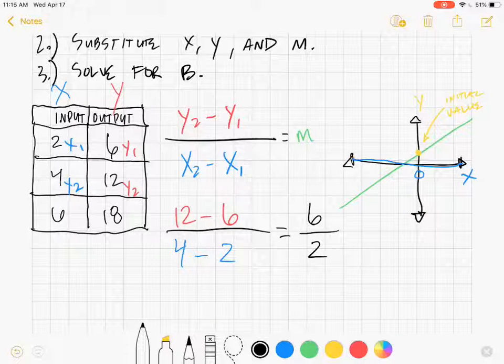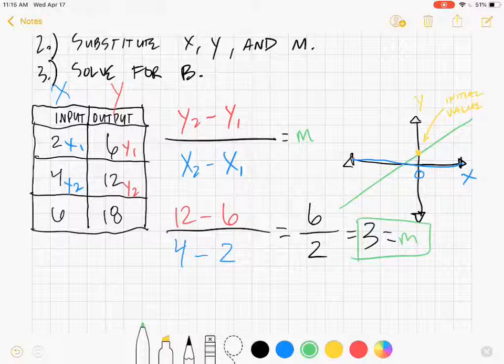So we have 6 over 2, which is 3. So m is 3.